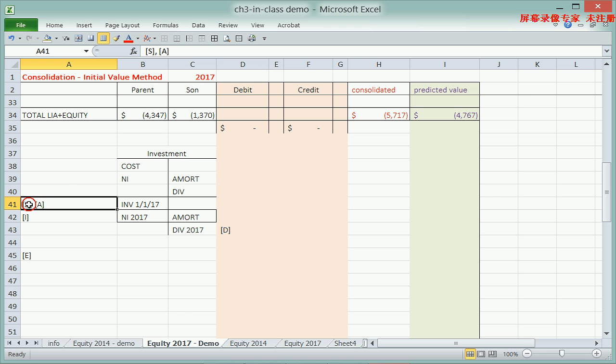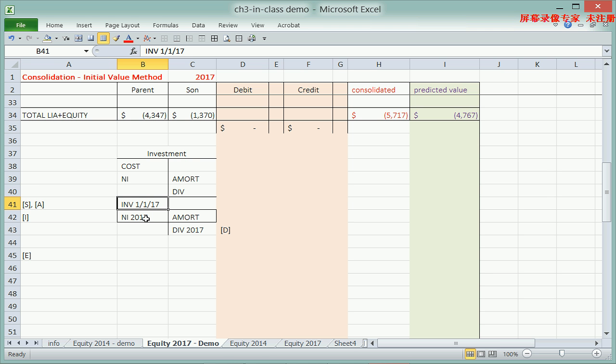So the S entry eliminates common stock, additional paid-in capital, and retained earnings 1-1 of the subsidiary, which is exactly the equity changes of the subsidiary plus part of the cost of the investment we have paid. And the other part of the cost is in this A entry, which is the fair value excess the parent paid at the acquisition.